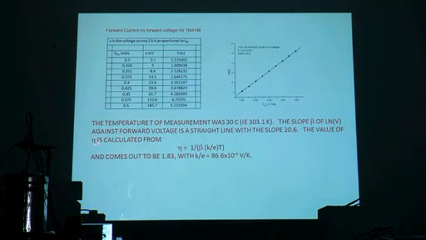So, we calculate eta from the relation eta is 1 by slope multiplied by k by e, 86.6 microvolt per Kelvin, into capital T, which is 303.1 K, and eta comes out to be 1.83. This is the first part of the experiment you should do at the start before heating the furnace.